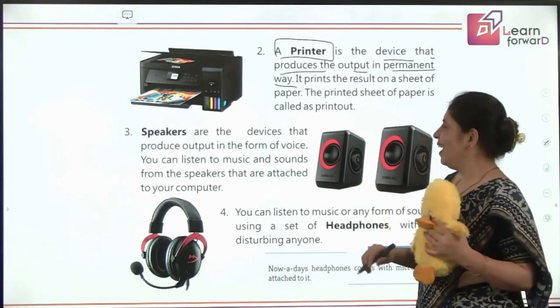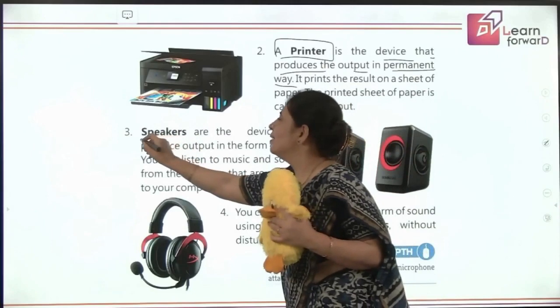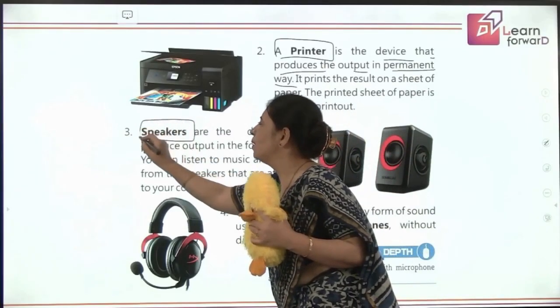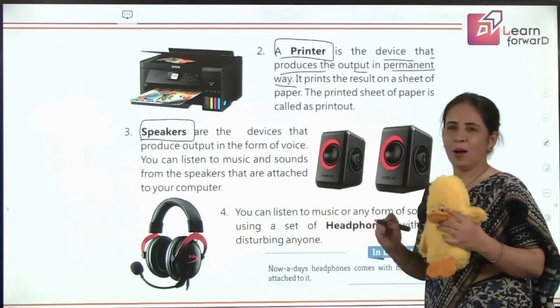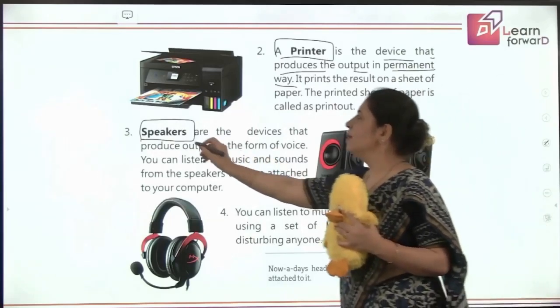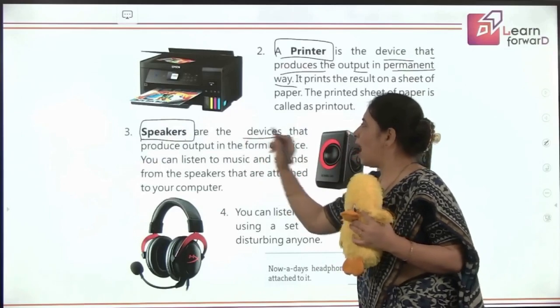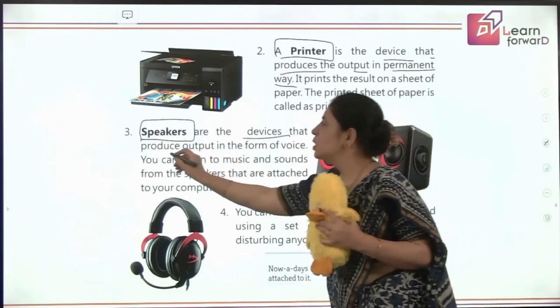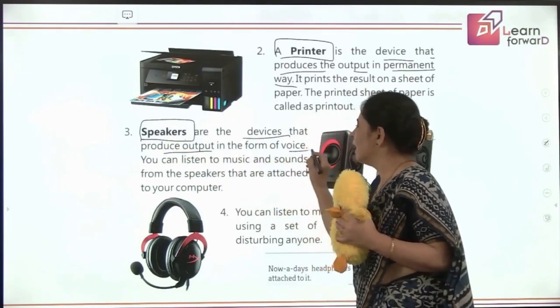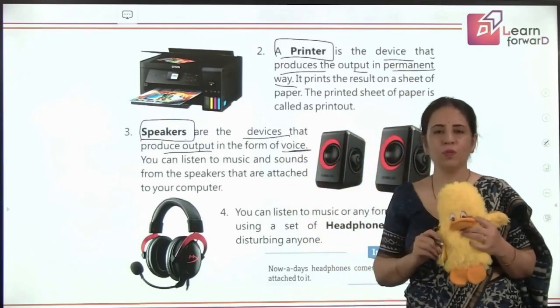Good. Now we come to another very important output device that's attached to your computer, and we call them speakers. So basically, speakers are the devices which produce the output in the form of voice.